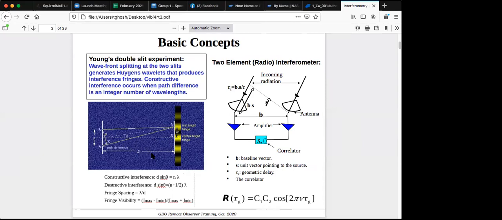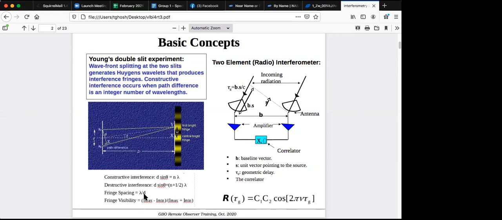The salient points here are the constructive interference. The bright lines are made when this equation is satisfied: D sin theta equals n lambda, where D is the separation between the two holes, and theta is the angle between the observing point and the midpoint.